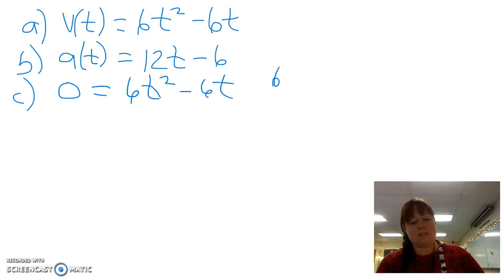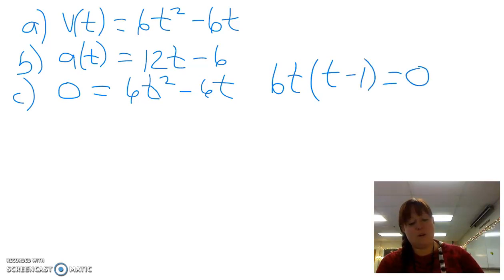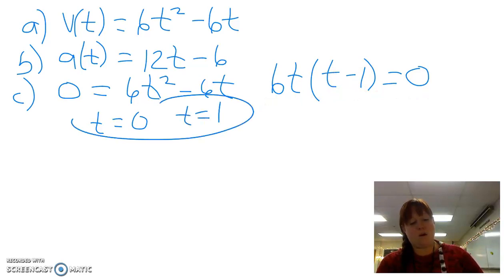We can bring a 6t out, and inside we have a t minus 1, and that equals 0. So when t equals 0, right, because remember, either when this factor is equal to 0 or when this factor is equal to 0, the whole thing is equal to 0. So when t equals 0 and when t equals 1, our particle is at rest.